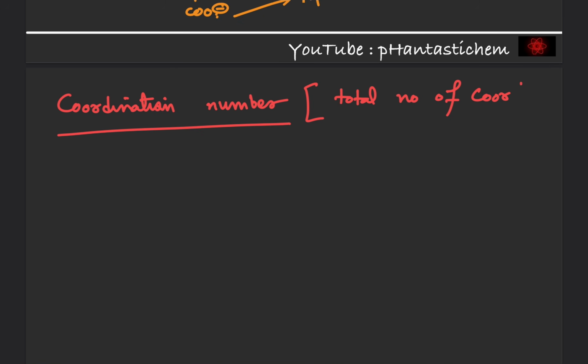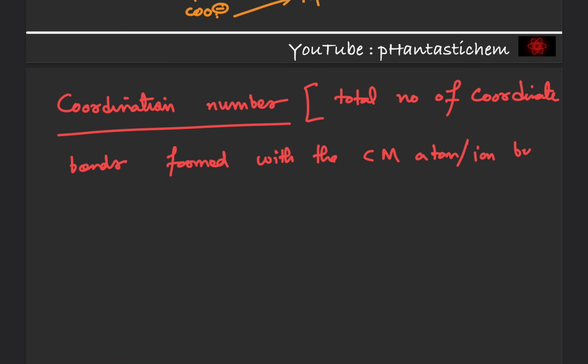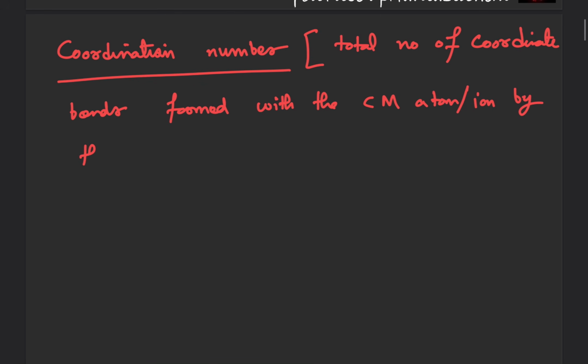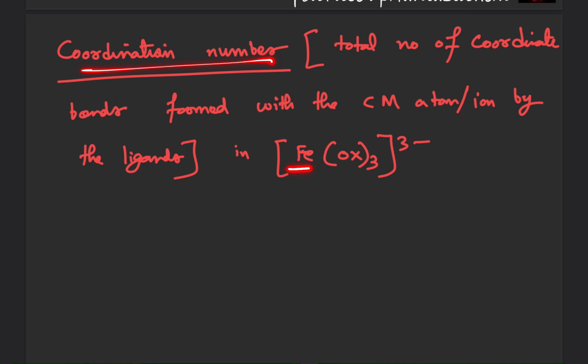Therefore, the coordination number of Fe in the complex [Fe(ox)3]3- is 6.